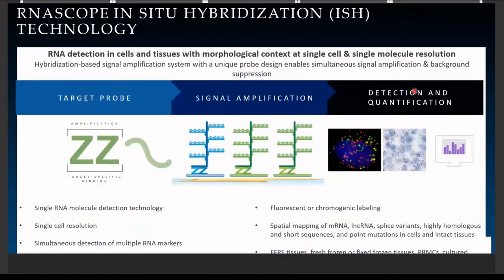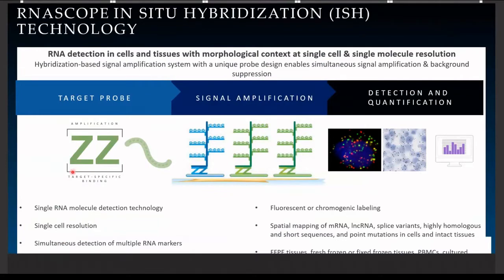So the RNAscope technology has been developed as an ideal spatial analysis solution to interrogate complex tissues. Because it's so specific and sensitive, we can detect RNA biomarkers in cells and tissues with morphological context at single cell level. It consists of three major parts: the target probe design strategy, where ACD will design a specific target probe against the target transcript of your interest.